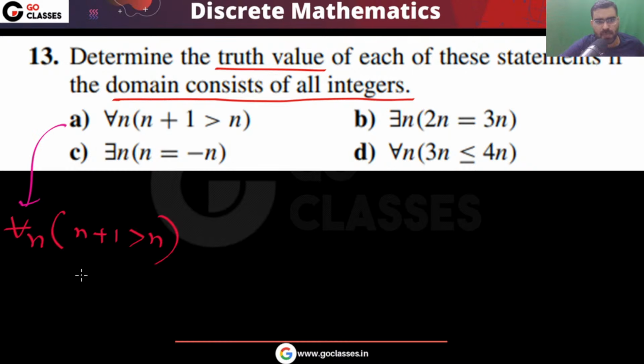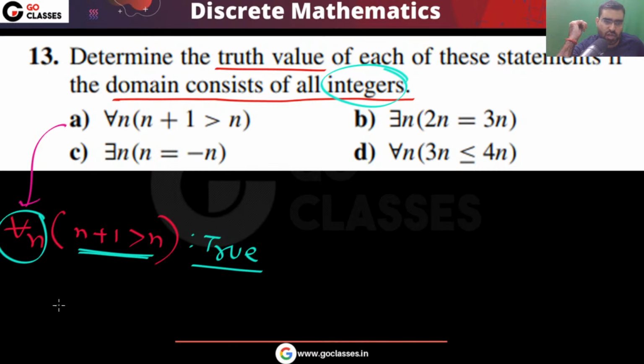Remember the domain is the set of integers, so for every integer this will always happen. Whatever integer you take, n plus 1 will definitely be greater than n. So this is true.